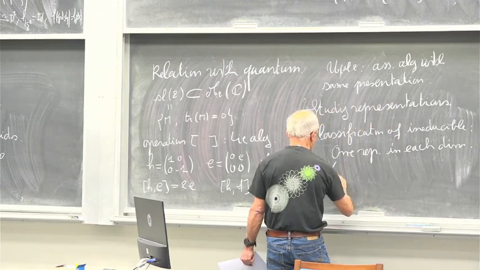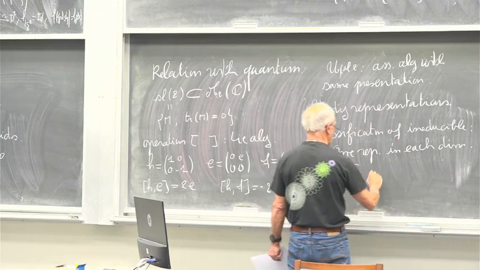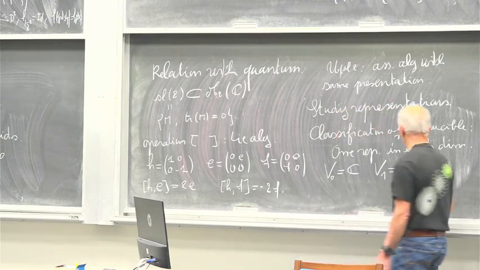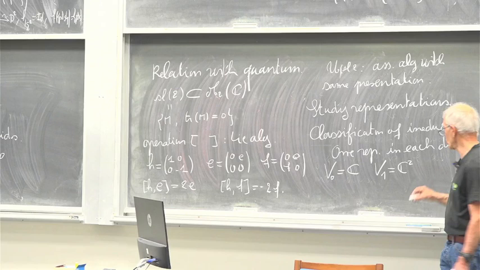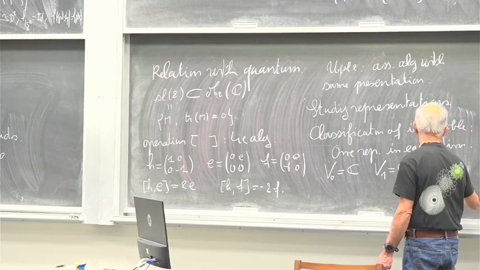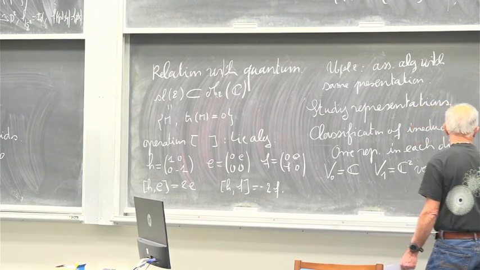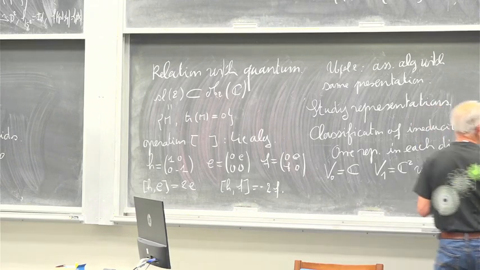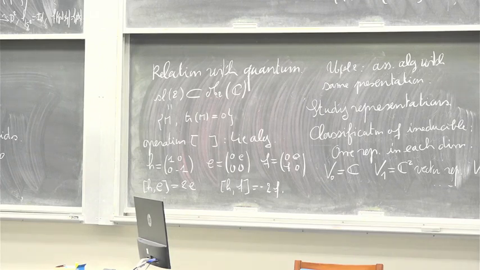So you get V0, which is C, V1 equals C2, which is the standard representation, the vector representation. You can try to understand V2, but if you take finite dimensional representations, you know all of them. You also have infinite dimensional representations, which can be interesting. Okay, and the point, how do we connect this with invariants?